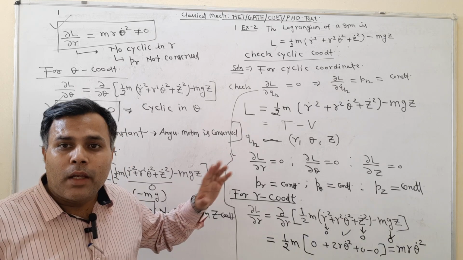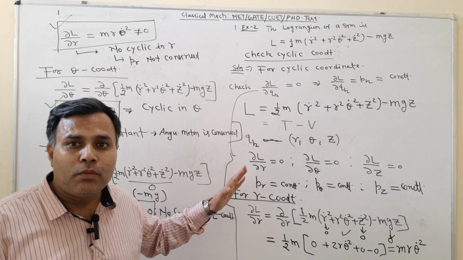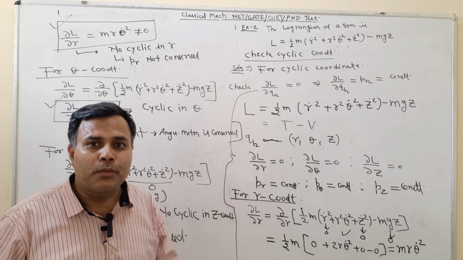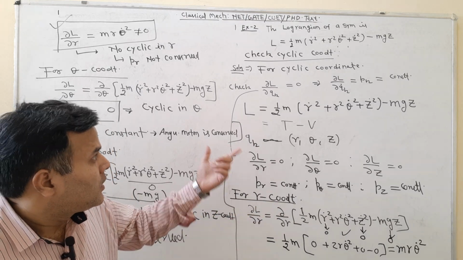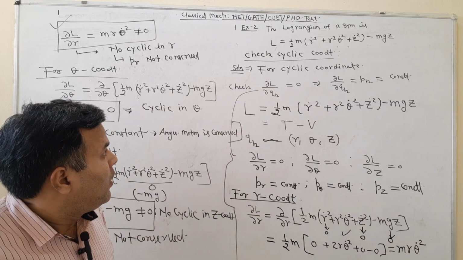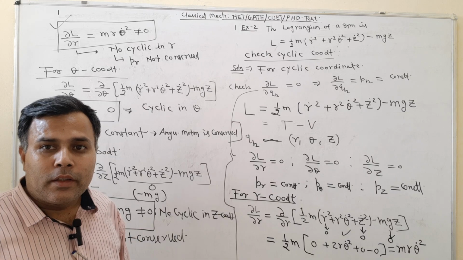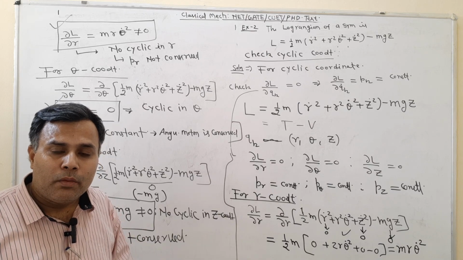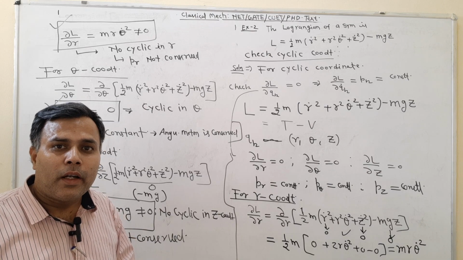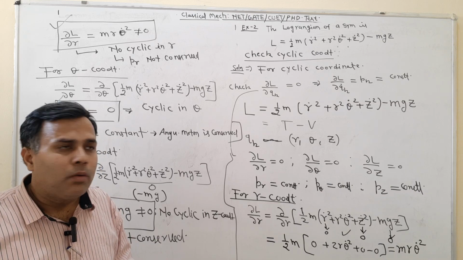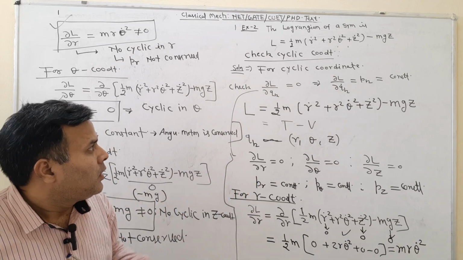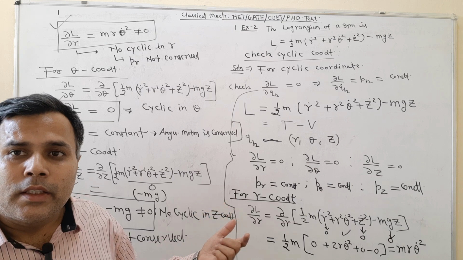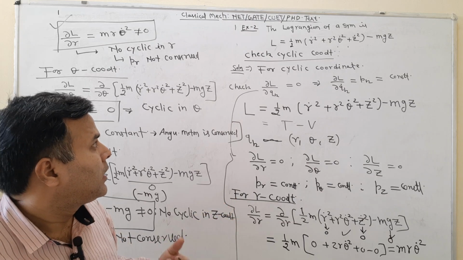In the previous lecture, I have already discussed the concept of generalized momenta and how to obtain the expression of generalized momenta for a given Lagrangian. This lecture is only focused on the concept of cyclic coordinate: what a cyclic coordinate is, what its physical meaning is, and how to check whether a given Lagrangian or dynamical system has a cyclic coordinate or not.